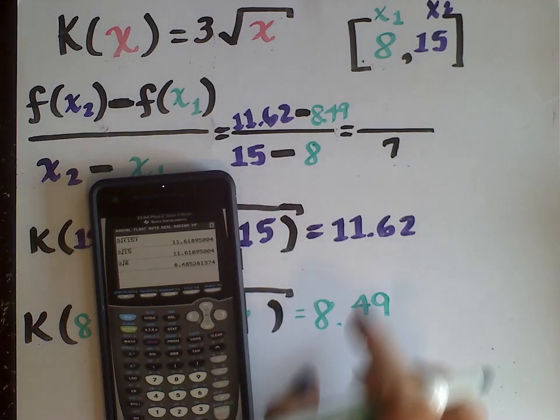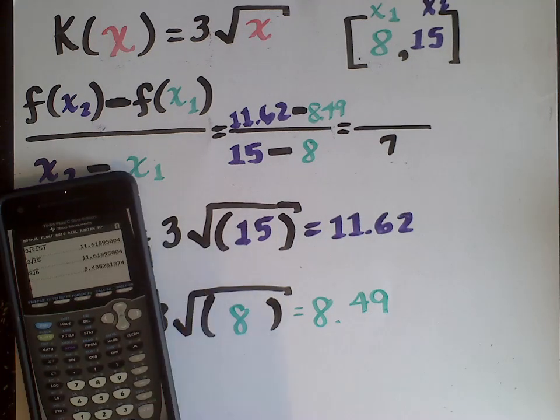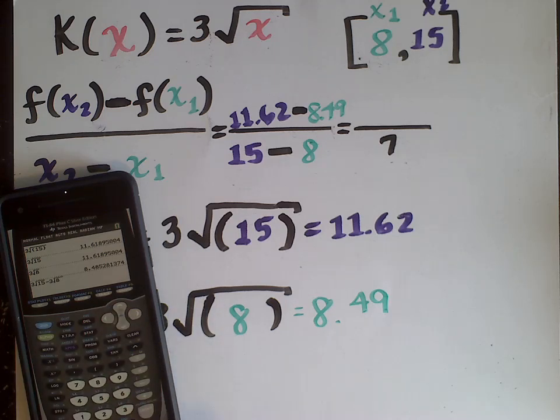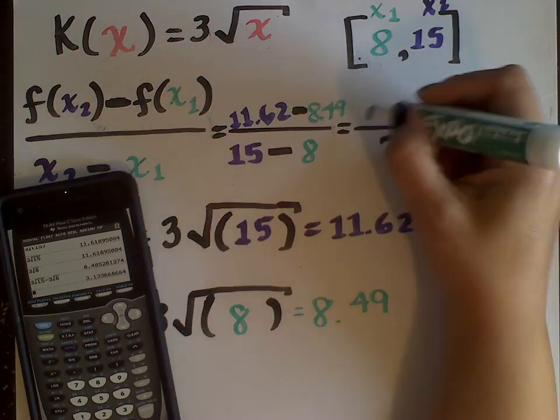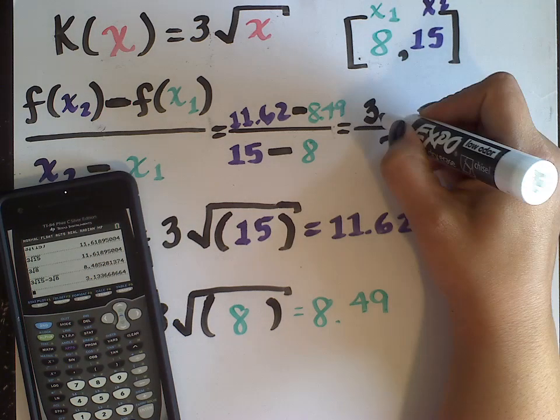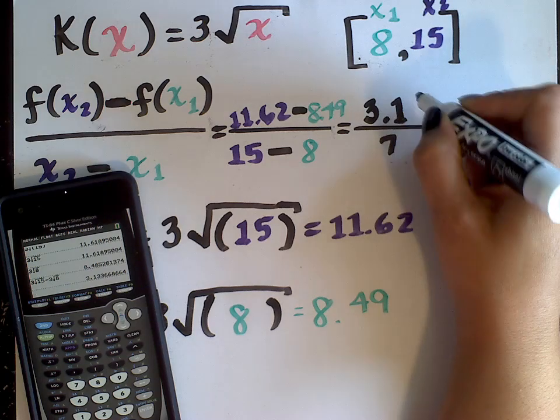So I'm going to type this in as 3 square root of 15, and then minus my 3 square root of 8. And it tells me that I should be getting a 3.13.